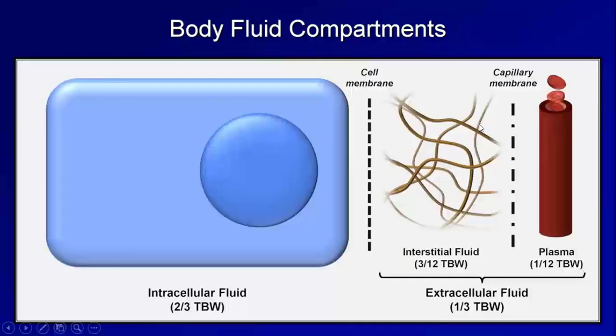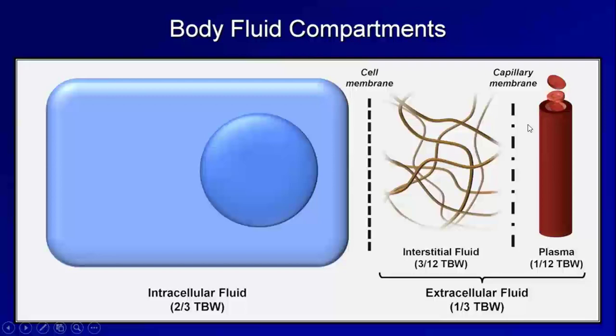What keeps these differences in compartmental distribution of the fluid? Those 2 membranes, and those 2 membranes are different in character. We have the capillary membrane. This is the membrane between the intravascular space and the interstitium, and this membrane is permeable to water and small molecules.